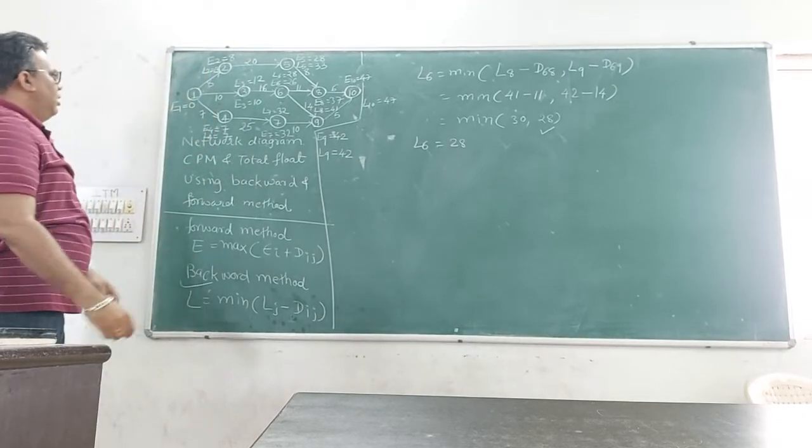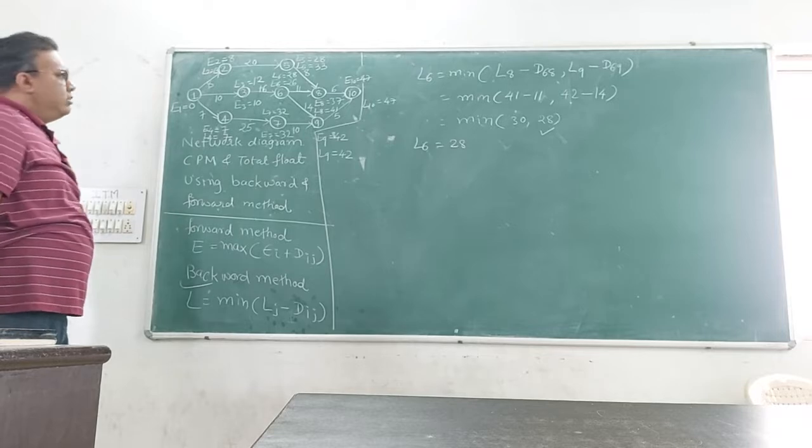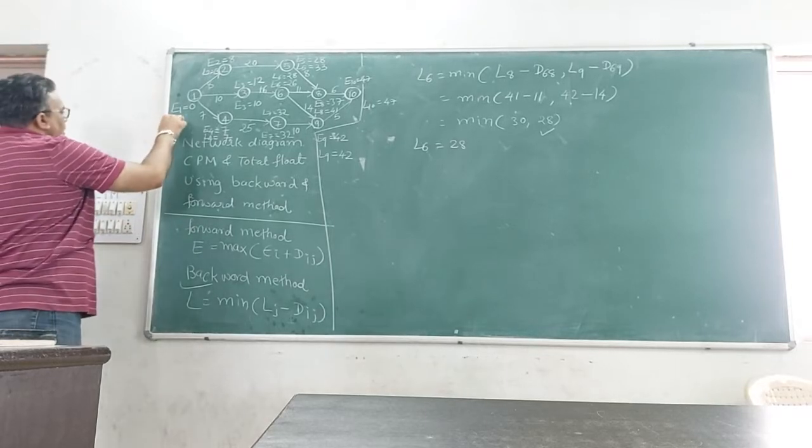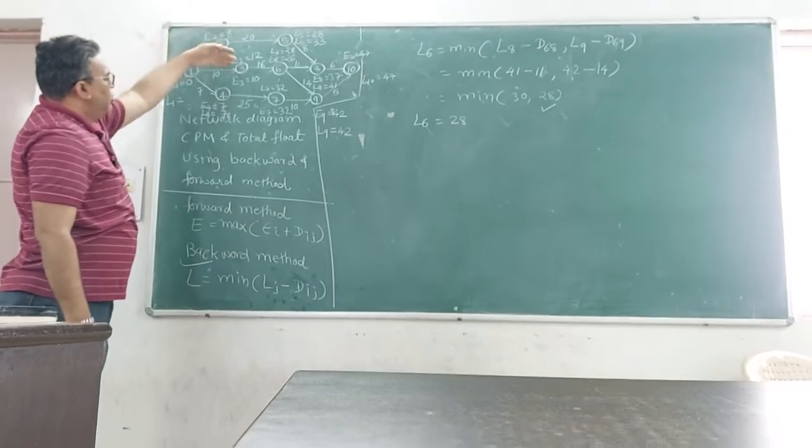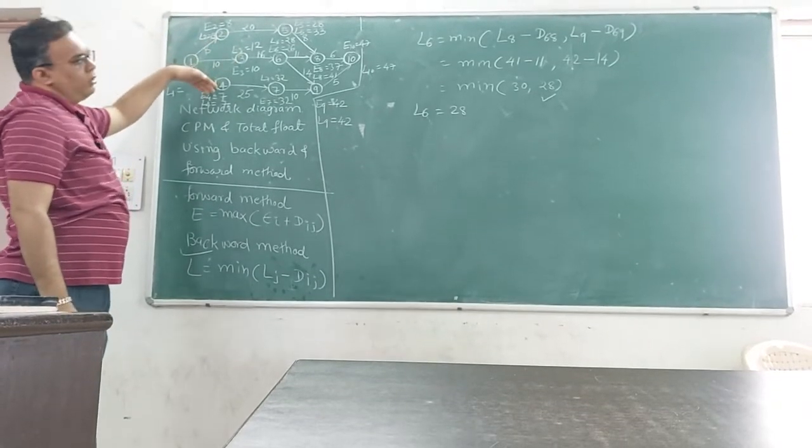Okay, now the last value, that is L1. For L1 there are three preceding values: 2, 3 and 4.